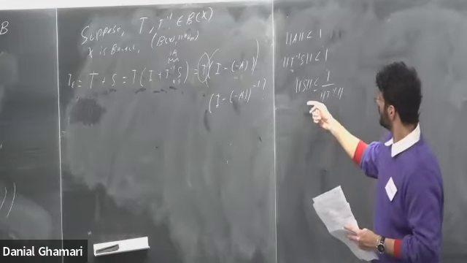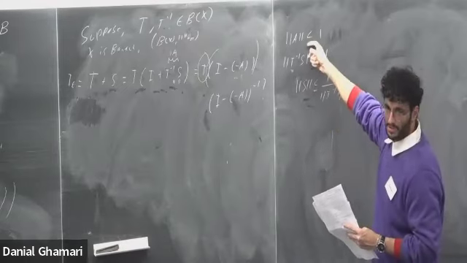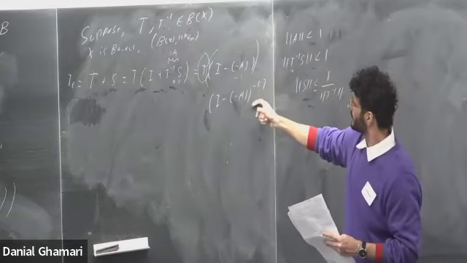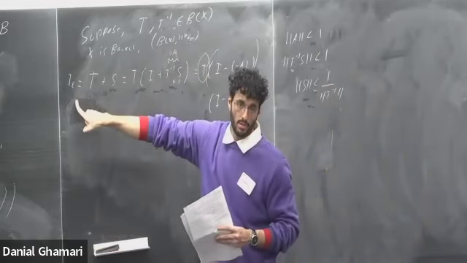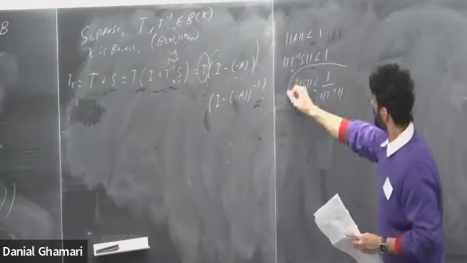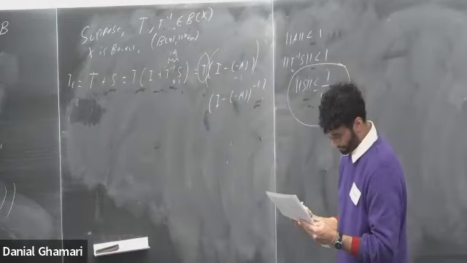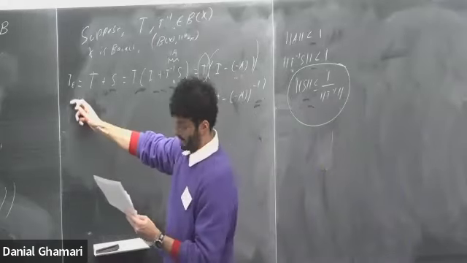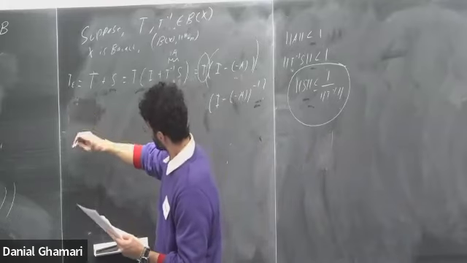This isn't if and only if, but if this is true, then this is true, and then this inverse exists. I know T is invertible, and T sub epsilon is also invertible. So if this condition is true, then T sub epsilon is invertible, and we can compute the norm of T sub epsilon and its inverse. So in this case, let's see.